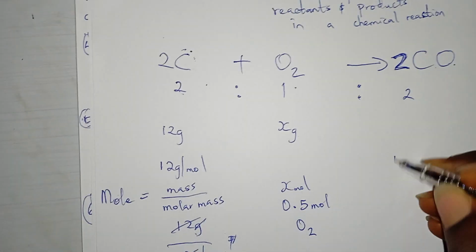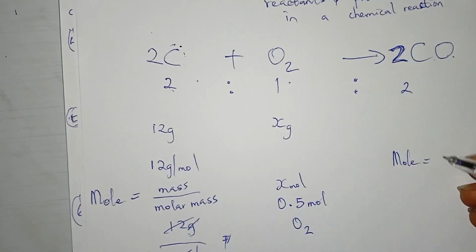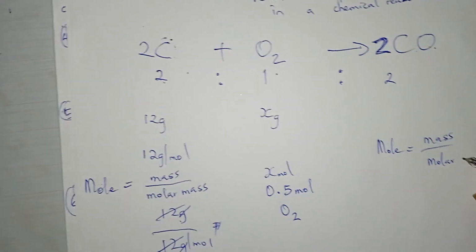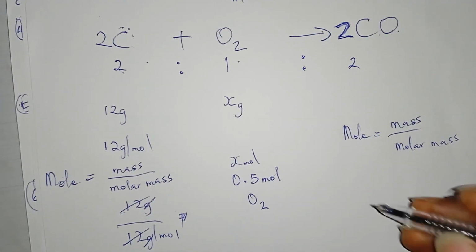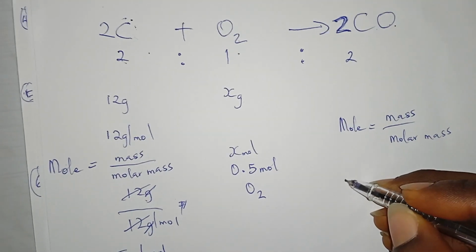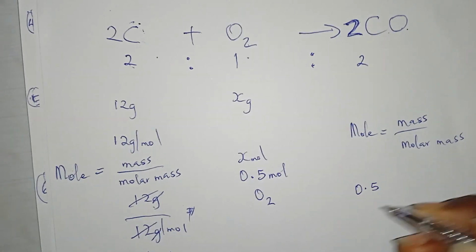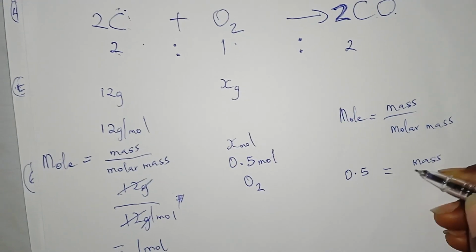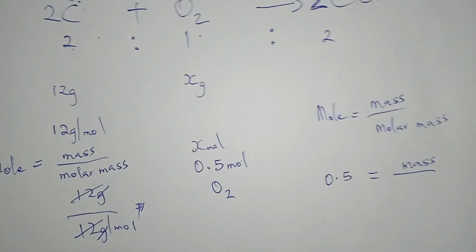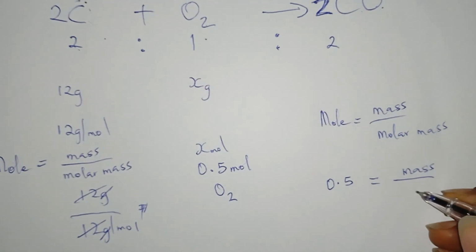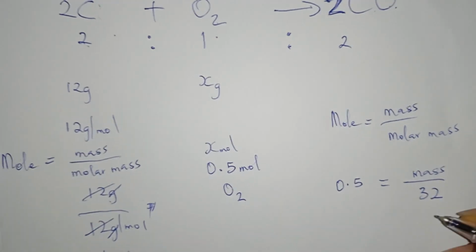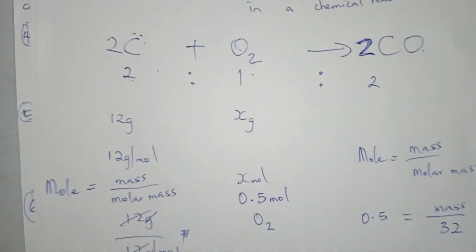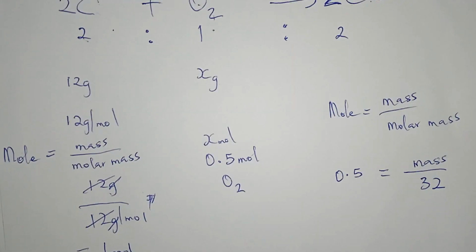Now in the situation where we want to find the gram of oxygen, all we need to do is to use the same formula: mole equals mass over molar mass. And you know that mass is what has gram. So we'll say the mole of oxygen, which we've gotten to be 0.5, then mass, which we don't know, that's what we want to find, against the molar mass of oxygen, which is 32, that is 16 times 2.